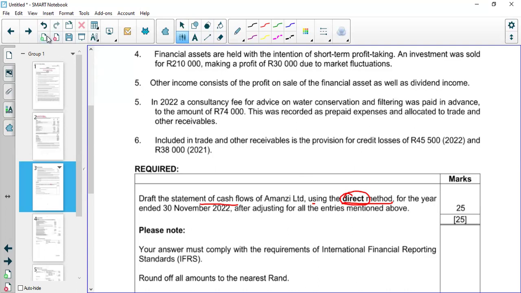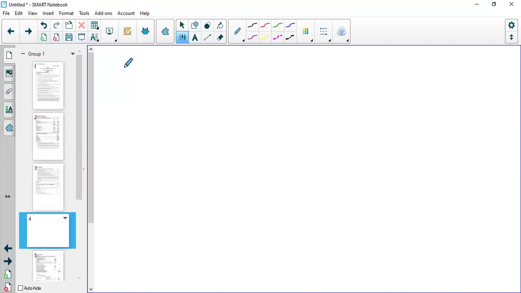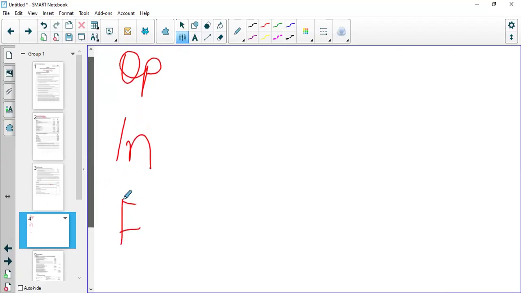So if we can just talk briefly about the structure of a cash flow statement. Our starting point is cash flows from operations. Then we go to cash flows from investing activities. Then we go to cash flows from financing activities.